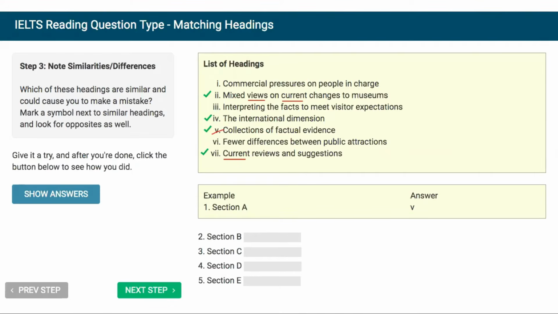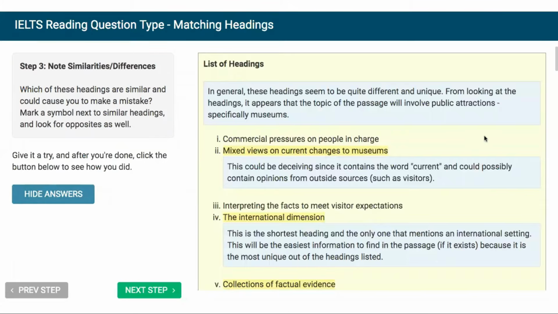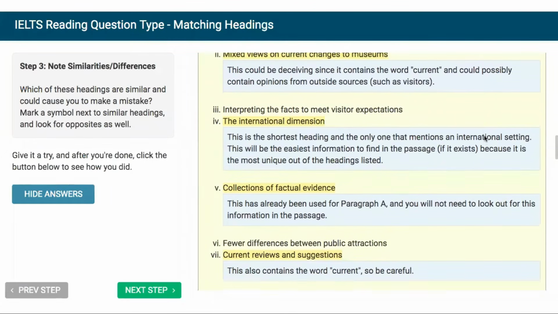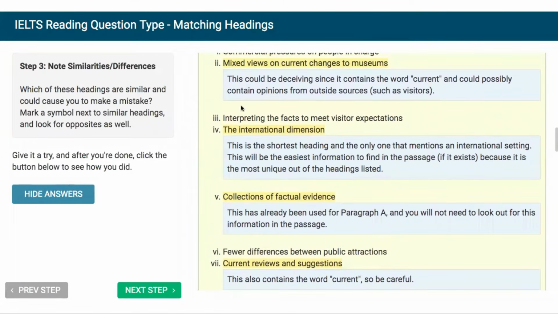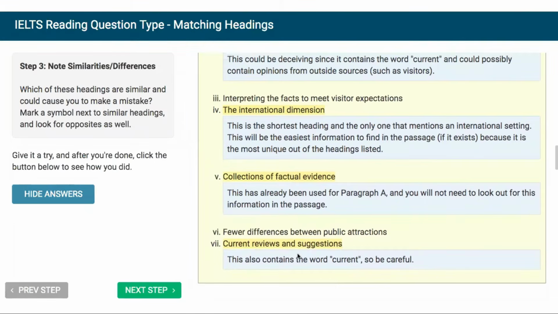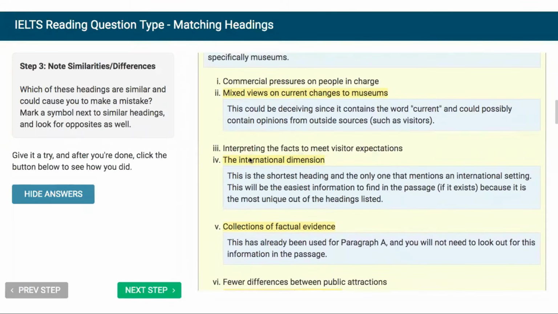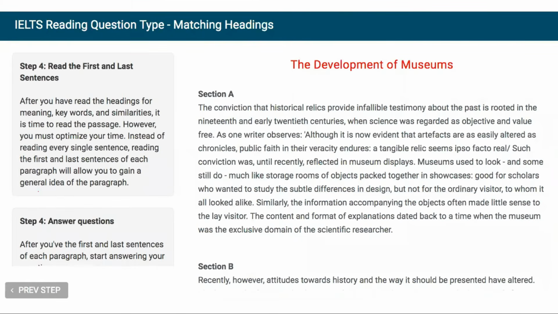Okay, I will clear our screen and show the answers. This is basically everything that we have done. So we've looked at how 2 and 7 can be deceiving, 5 is really not necessary, and then the shortest answer here. Okay, let's move on to step 4.